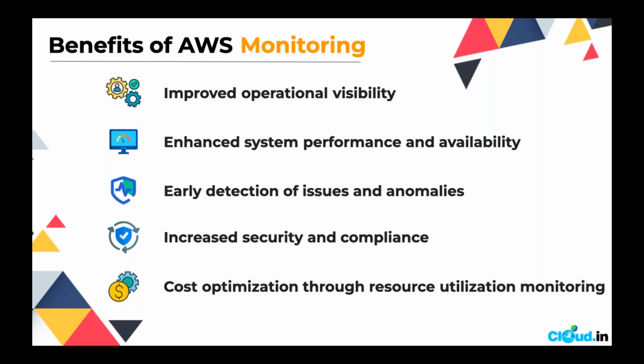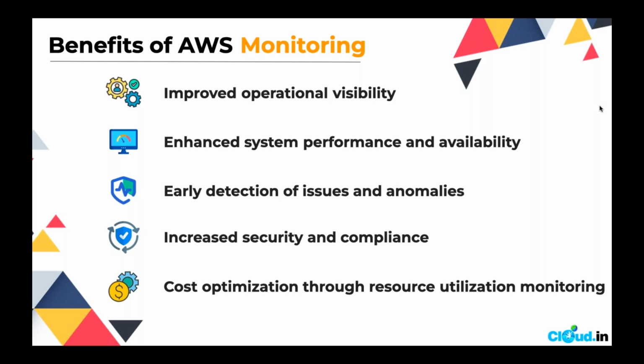With centralized monitoring on CloudWatch, you gain visibility into key metrics, logs, and events across your entire AWS environment. It helps you with a better understanding of how resources are behaving and identify areas for optimization.